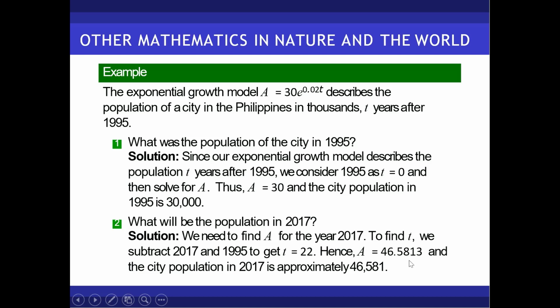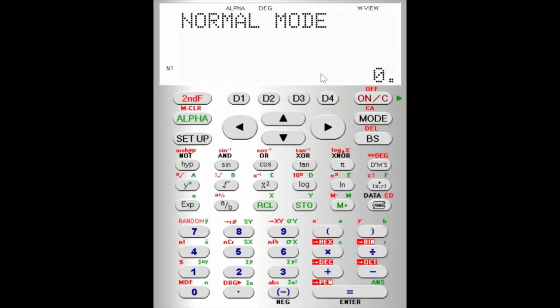Then multiply this by 1,000 since it is mentioned in our problem that A describes the population of a city in the Philippines in thousands. So the city population is approximately 46,581.